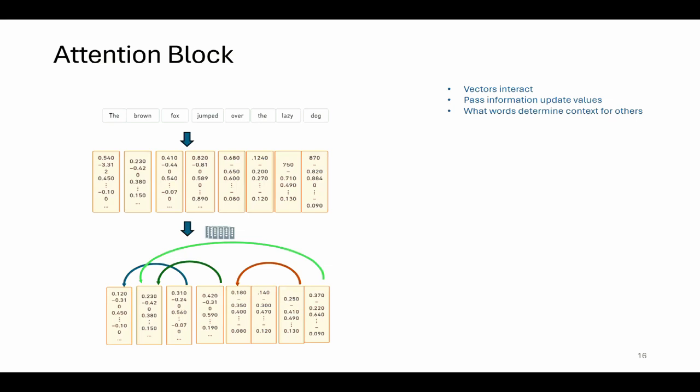But if it's a brown fox, that embedding will change because there is context built into fox because it's brown versus if it was red. And we need that because for intelligent interpretation of language, you need to understand the context of the sentence that the word is used in. So that's what happens in attention.